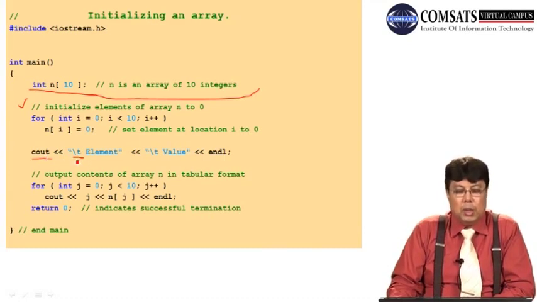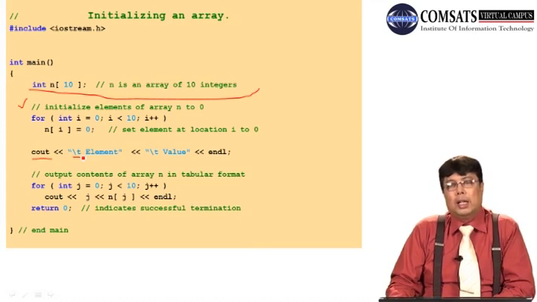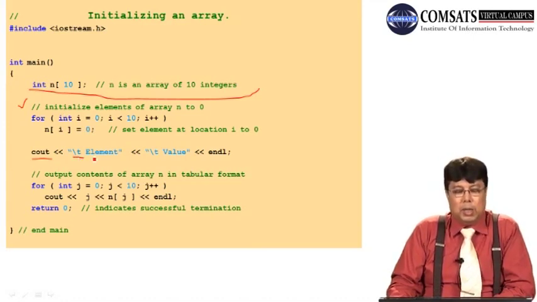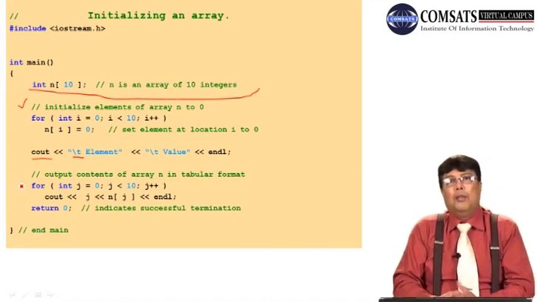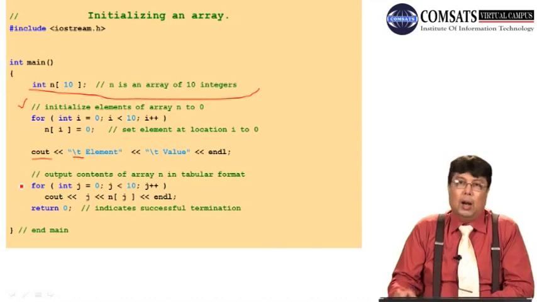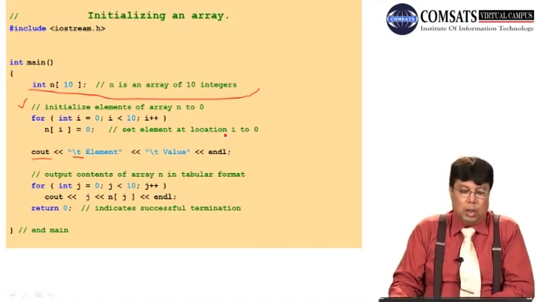But here I have used \t, which is a tab, and usually the tab default value is 8 spaces or 8 characters. So we have used it just to put certain margins there. And then for the output contents, once again we have used this for loop to print each and every value of the array on the output.